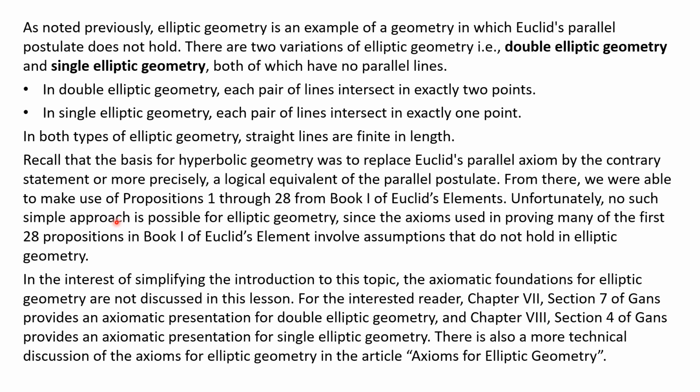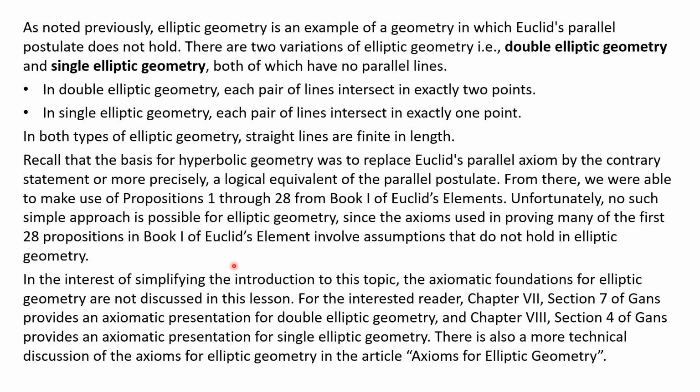Unfortunately, there's no such simple approach for elliptic geometry, since the axioms used in proving many of the first 28 propositions in Euclid's Elements involve assumptions that do not hold in elliptic geometry.